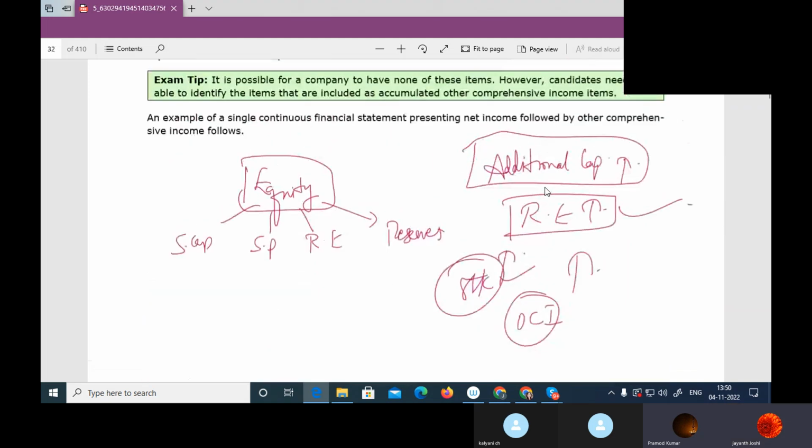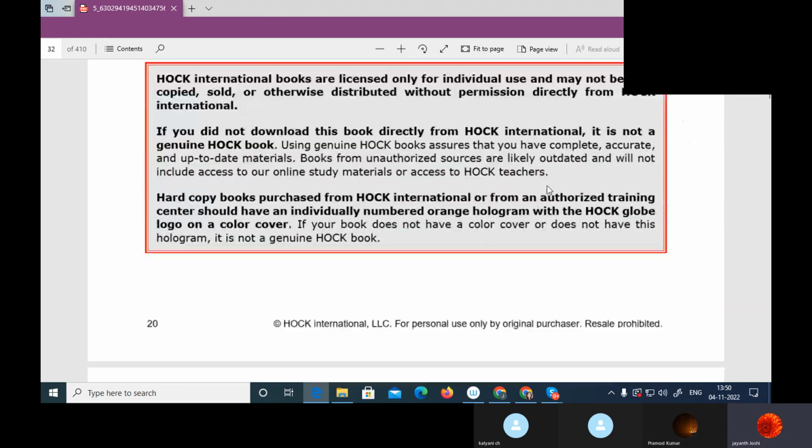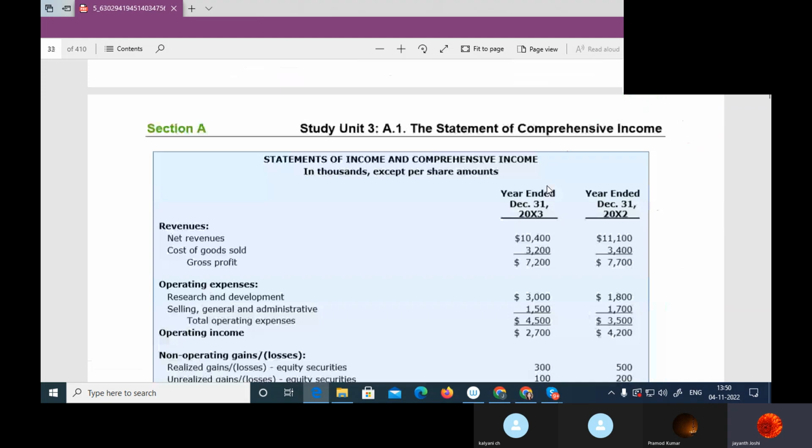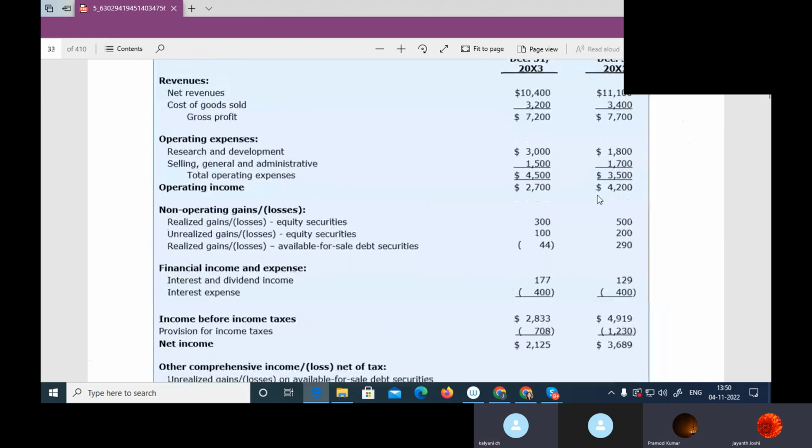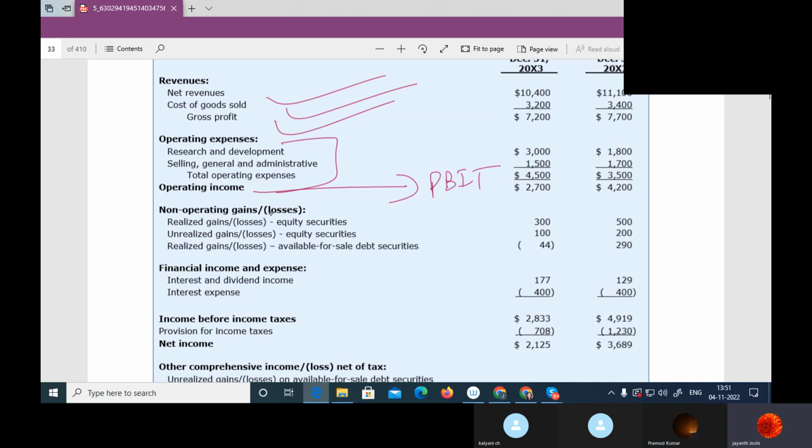So now this is done, and next comes the statement of income and comprehensive income. You can see it started with revenue, then COGS, gross profit, then all the operating expenses removed. You got operating income, also called PBIT. Then you took all the non-operating gains and losses.